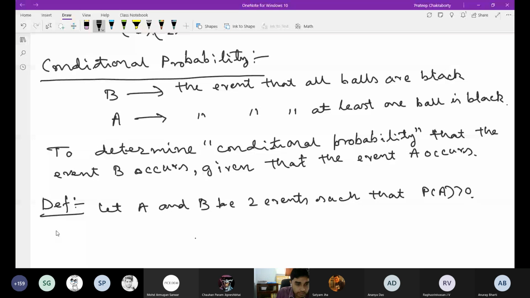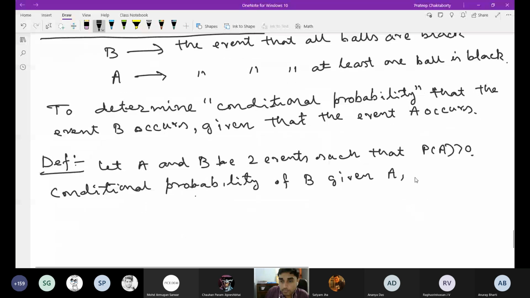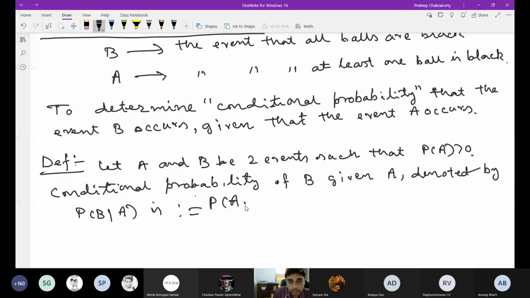Then the conditional probability of B given A, which is denoted by P(B|A), is by definition P(A intersection B) by P(A).